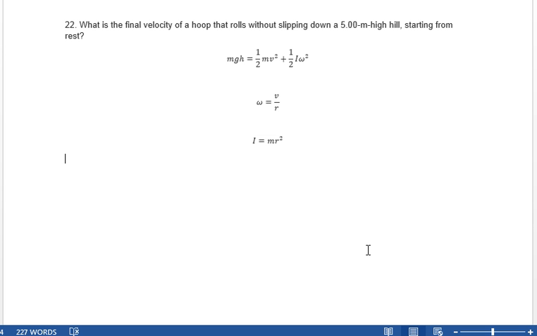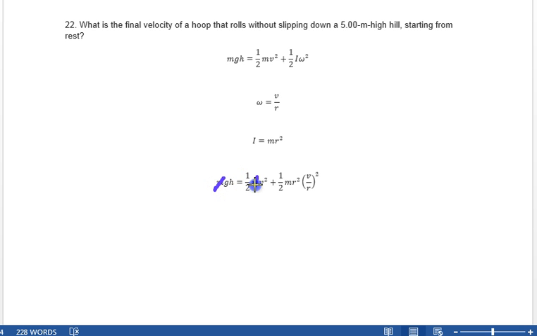All right, so if we put this all together, we have mgh equals 1/2 mv squared plus 1/2 of mr squared times omega squared, which is V over R squared, right? Now what do we see here? Mass cancels out everywhere, right?